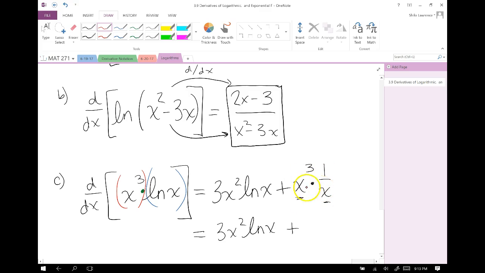Either way, when we combine the powers for those factors with the same base, we get x squared. And that's our derivative.